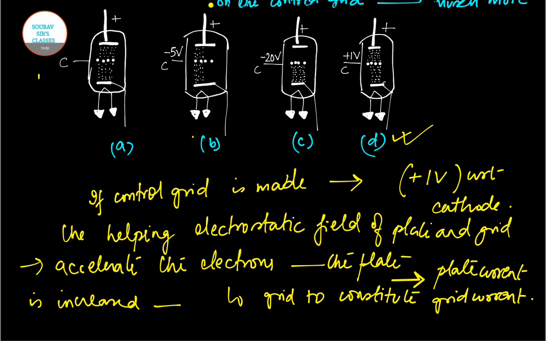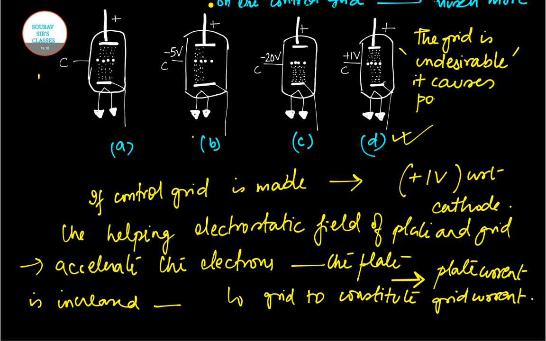So the grid current is undesirable. Now you must be thinking why this term has been used. It is because it causes power loss. This is the key term which you should remember in the grid circuit.